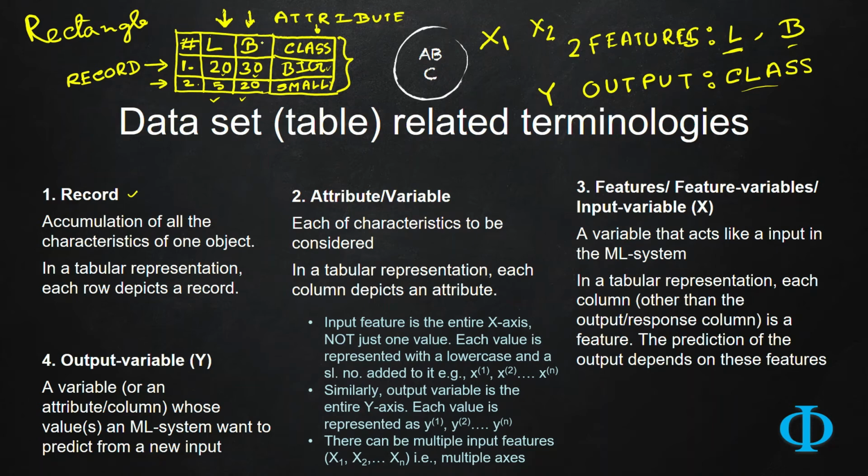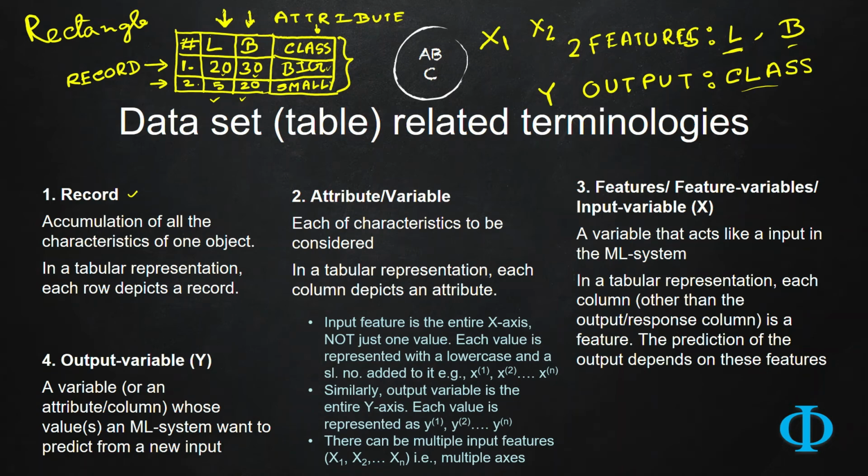Let's say a partial tabular representation where we are just representing the length of the rectangle. So there can be one or multiple input features possible based on which you need to do your machine learning analysis or machine learning prediction.